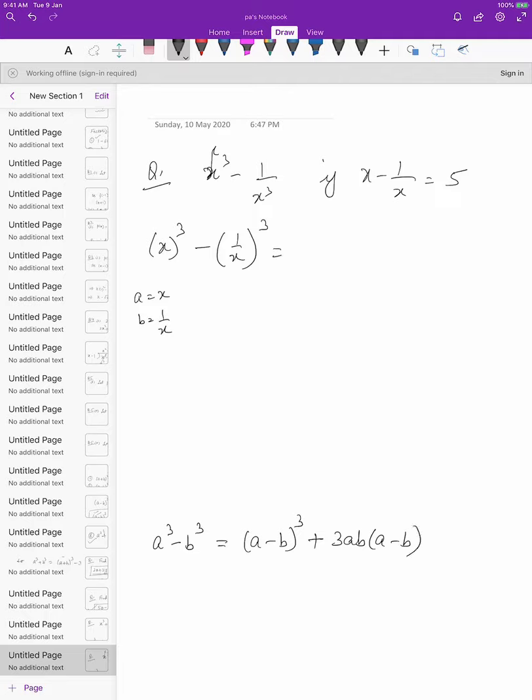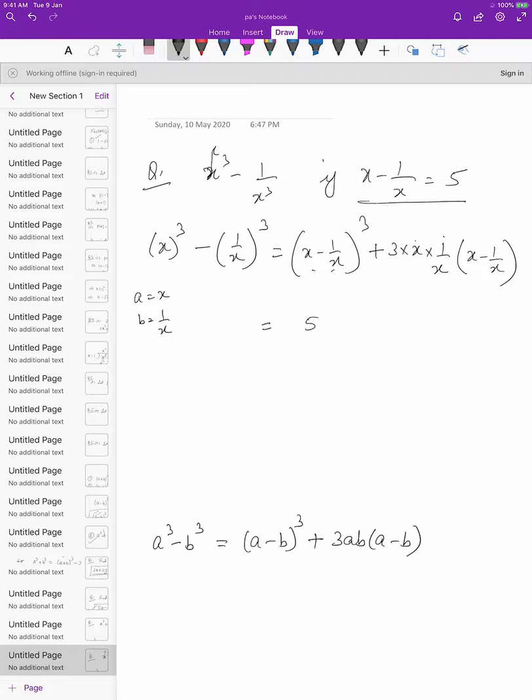Put it here, we will get x minus 1 upon x whole cube plus 3 into a into b, x into 1 by x, multiplied by a minus b, that is x minus 1 upon x. So what is x minus 1 upon x here? 5.